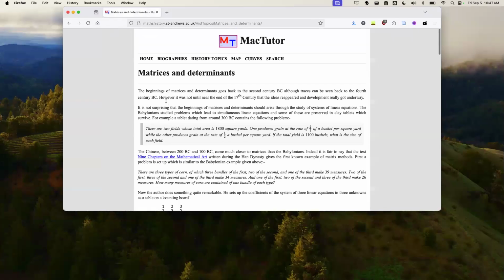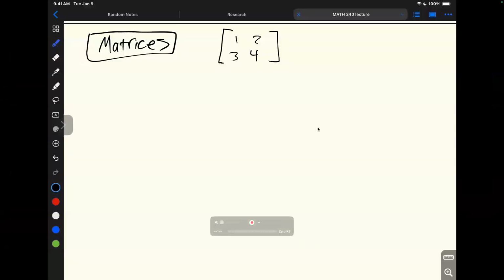This website, which is very small, says that it started in China around the 2nd or 4th century BC, which is very much not the 1840s. I just Googled when were matrices invented, and this is the first site. It is from St. Andrews, so I think it's probably reliable, but this is just one site.